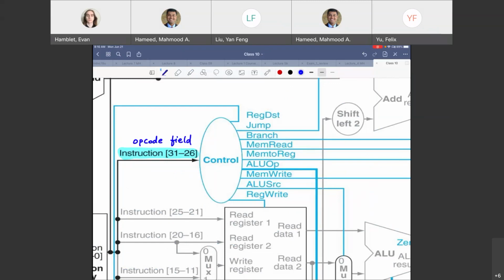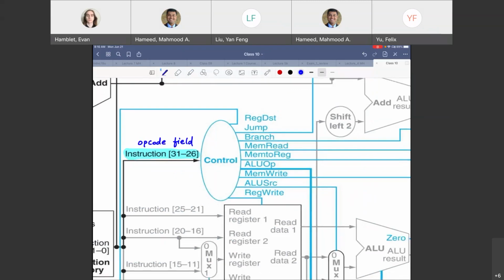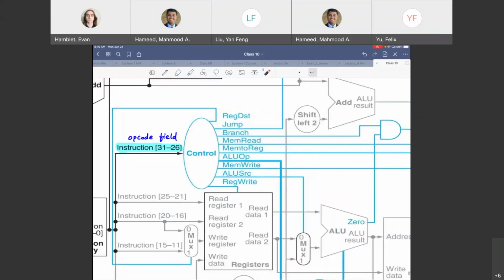That's for 6 for any instruction, right? R, I, J, all those instructions, for all instructions, those 6 bits are always opcode. So using this as the input, this control block generates all these control lines. What are they? Register destination, jump, branch, memory read, memory to register, ALU opcode, memory write, ALU source, register write.